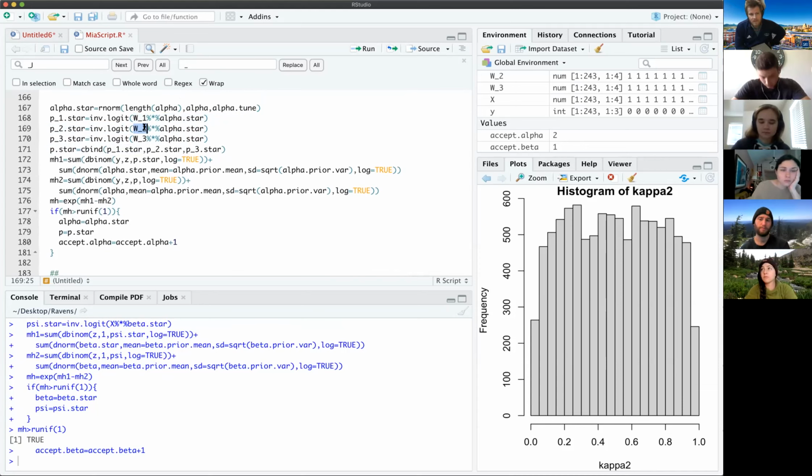The bookkeeping is a little more complicated when we have a temporal component in our models. We have to keep track of those design matrices for each of our repeat visits. And that's what we're doing here.